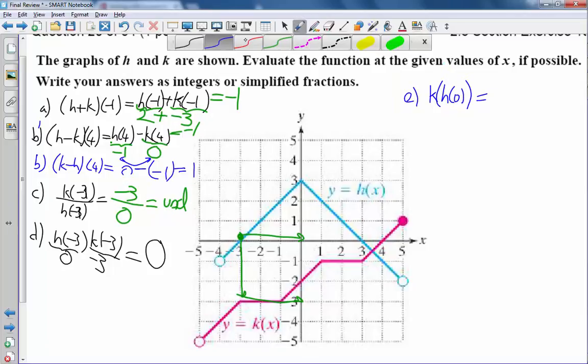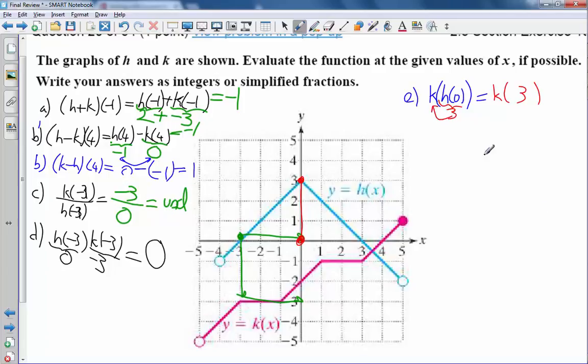So just tell me, what is H of 0? You're at 0. You need to hit H. Which one is H? Blue one, right? Go up. I hit it. I don't have to move right because I am on y already, which is 3. And now I need to compute that 3 under K. 3 will visit K. Where is 3?